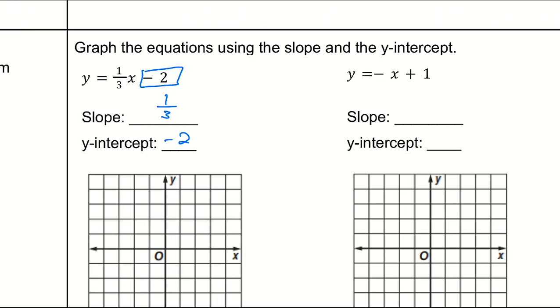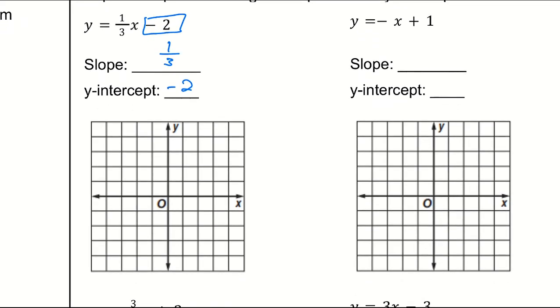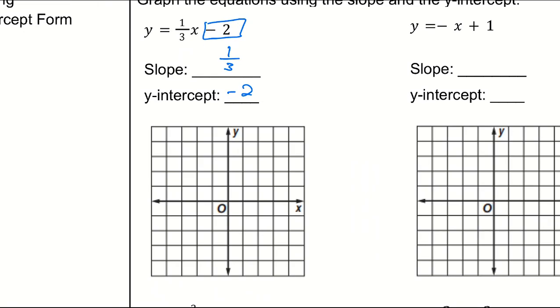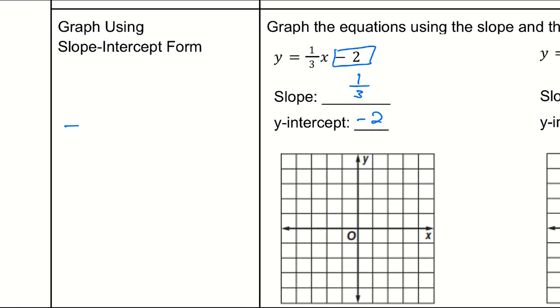When we graph, the first thing that you need to do is plot the y-intercept. Okay? Start by plotting the y-intercept. Actually, I'm going to write that. Start by plotting the y-intercept.